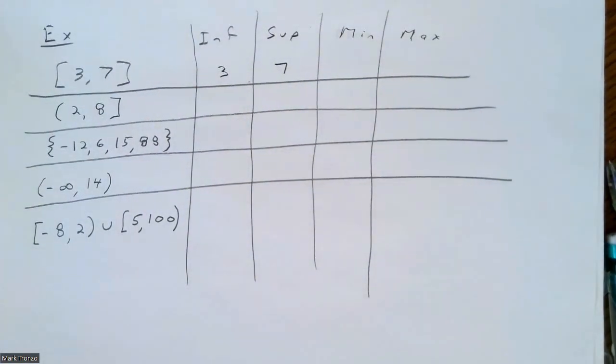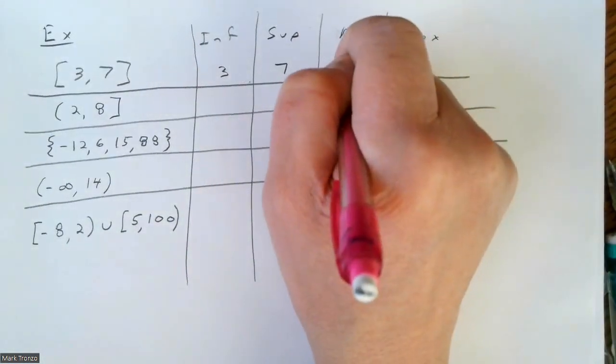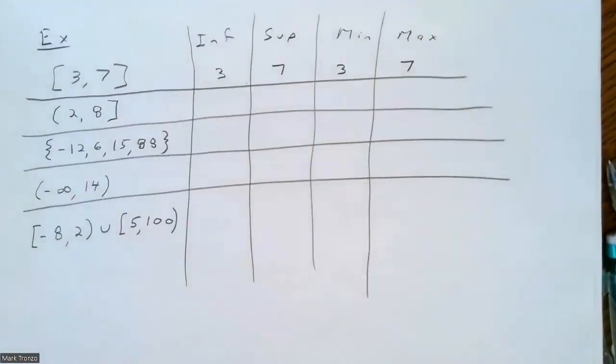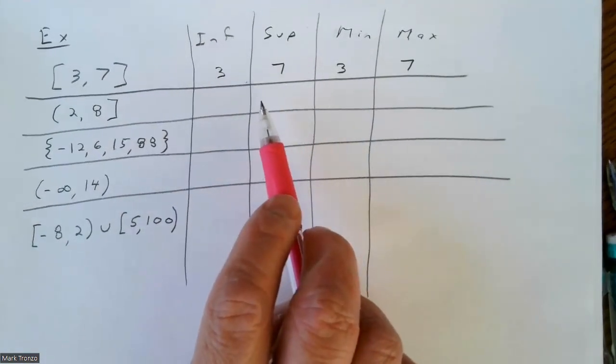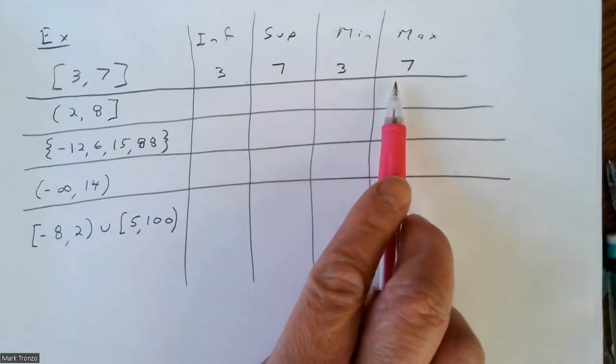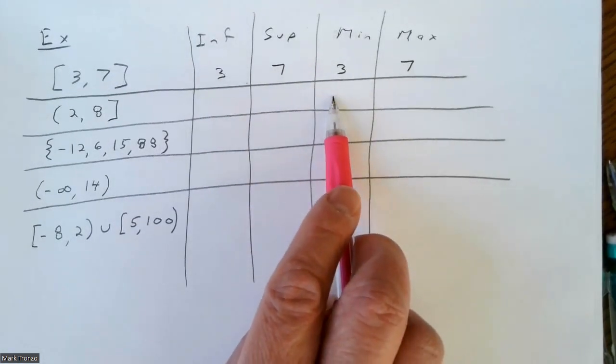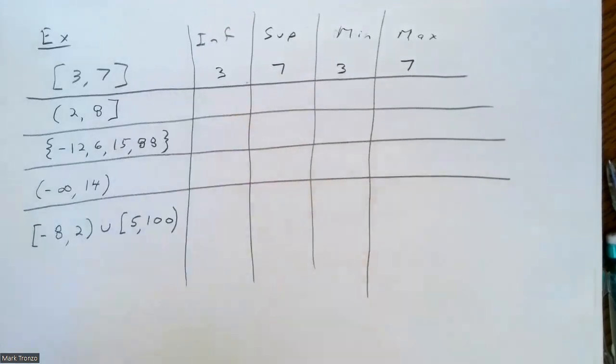Is there a min in this case? And is there a max in this case? 7. Oh, by the way, one thing to notice, if there is a max for a set, it'll be the same as the sup. And if the min exists, it'll be the same as the inf.